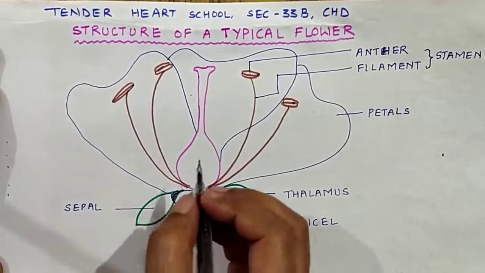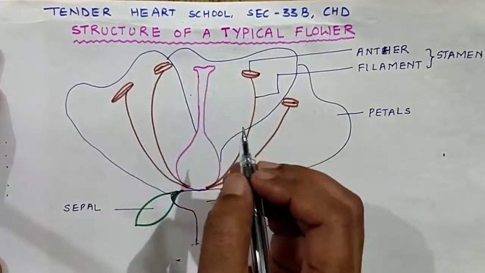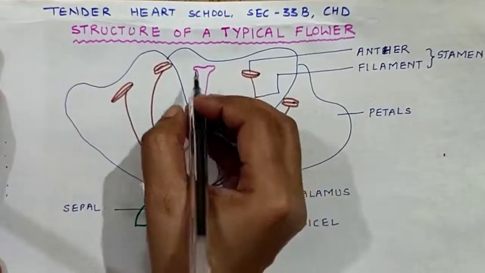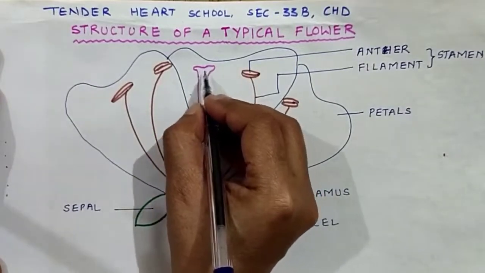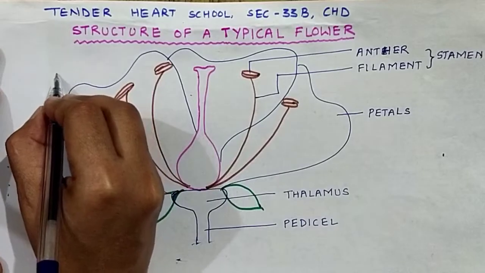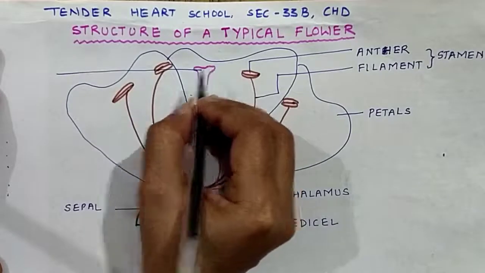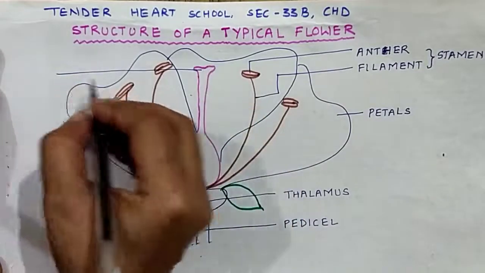Now let us label the female part of the flower, that is the carpel. So you can see the upper swollen region of the carpel. This is called the stigma.